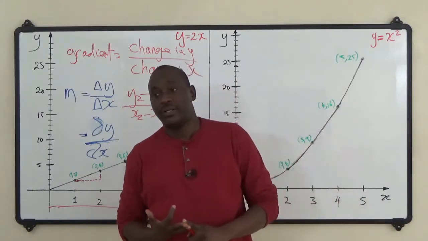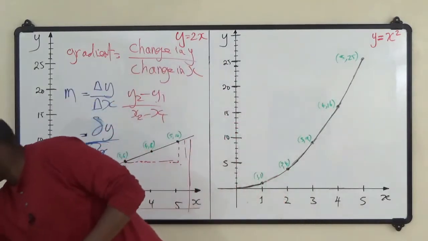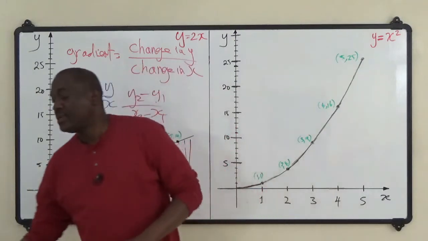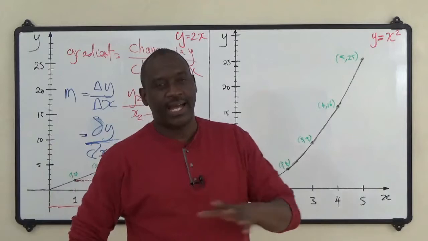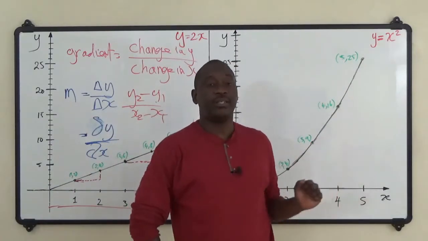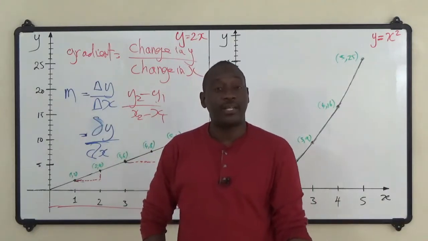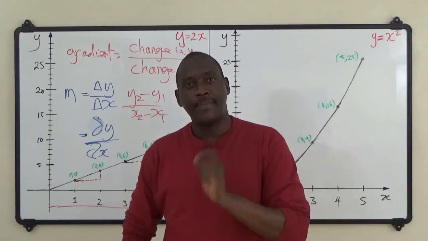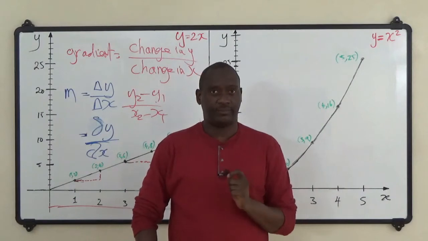We could talk about the gradient at a single point. So in the case of the straight line, at any point and at all points on the line, all of these different ways of describing the gradient have exactly the same meaning, have exactly the same connotation.